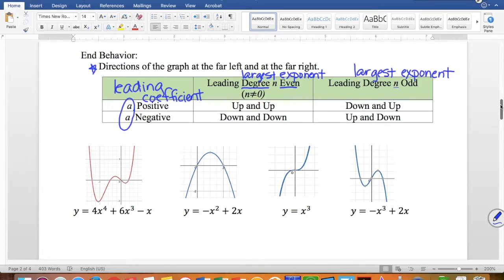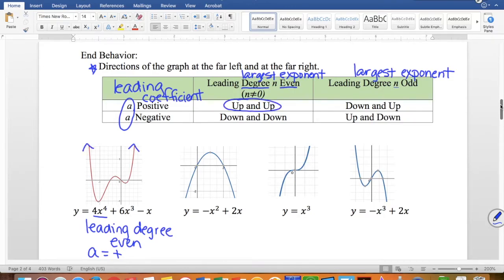So right here, my largest degree is a 4. So my leading degree is even, and my A is positive. It's a positive 4. So notice, leading degree even, A positive, that means I should be up and up. And notice, look what's going on.